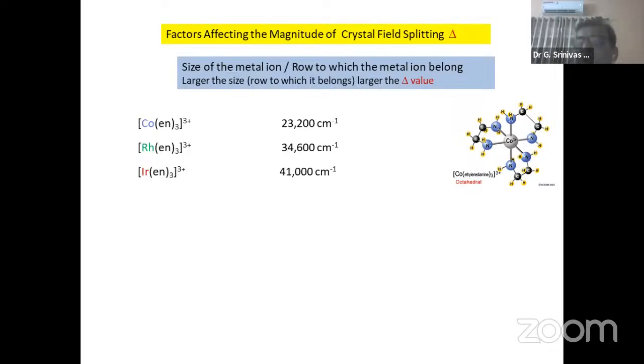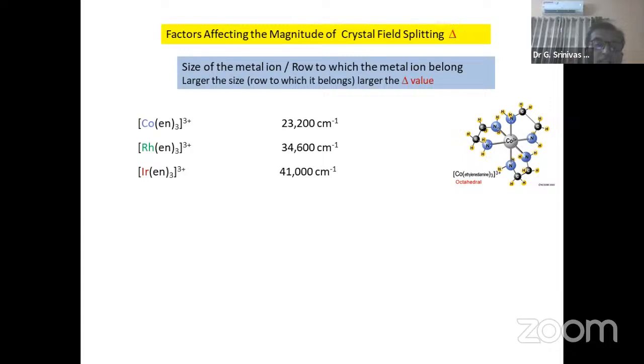So a question will ask in the examination which of the following metals has the larger CFSE value: cobalt en 3, rhodium en 3, or iridium en 3. If you know that iridium is 5D series, then it has the higher CFSE value, so you will pick iridium en 3.